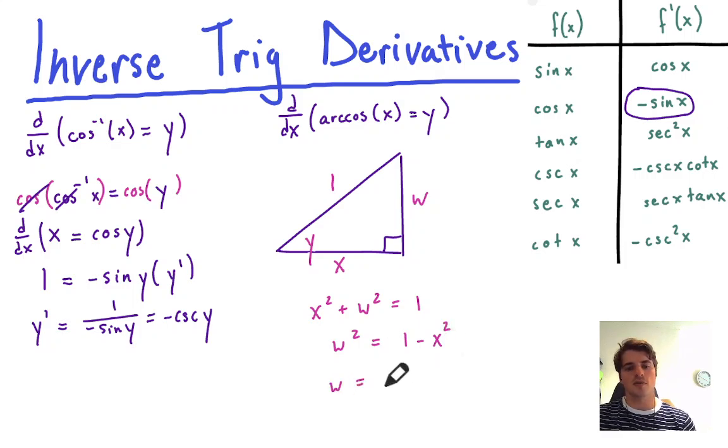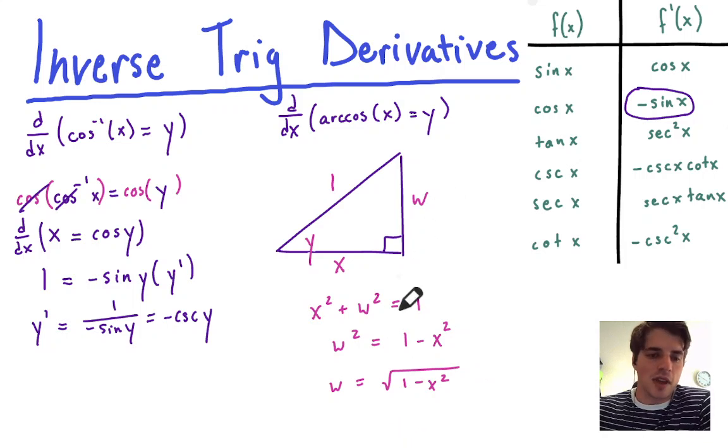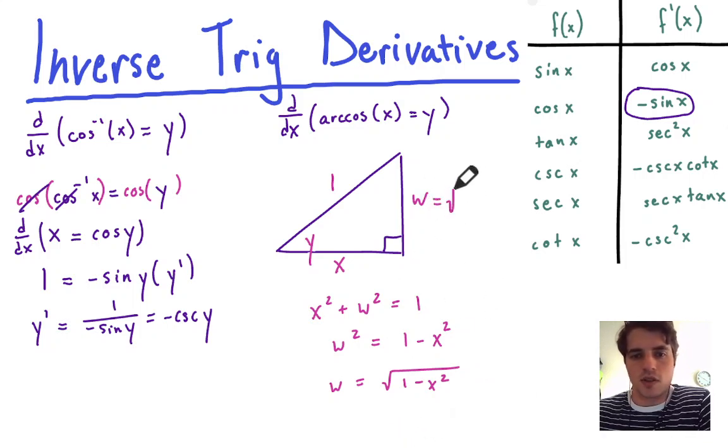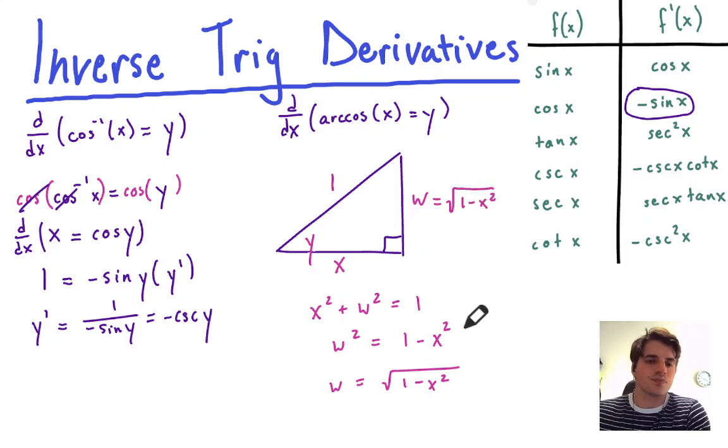W is equal to the square root of 1 minus x squared. Okay, so that's our side w. I can go back and put that, equals the square root of 1 minus x squared.